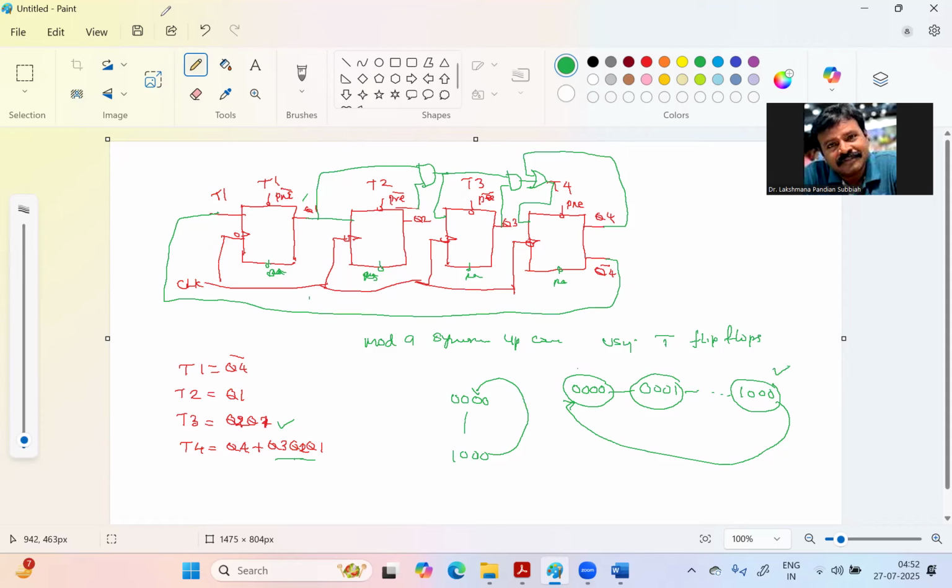For Q4, Q3, Q2, Q1. State diagram, and then you have to draw the table. Then from the table you find out the expression. Then using that expression, you have to design a circuit. That's all. We will continue in the next lecture.